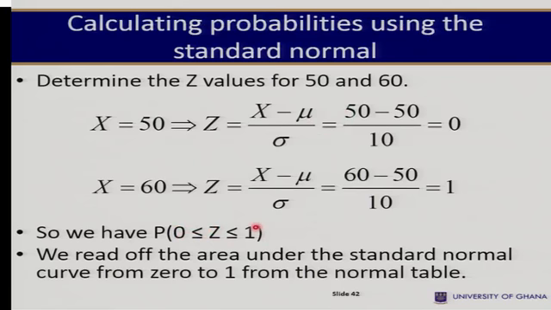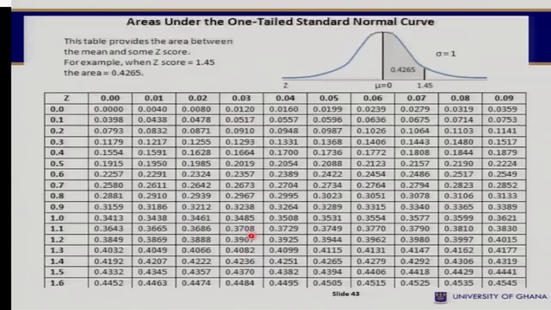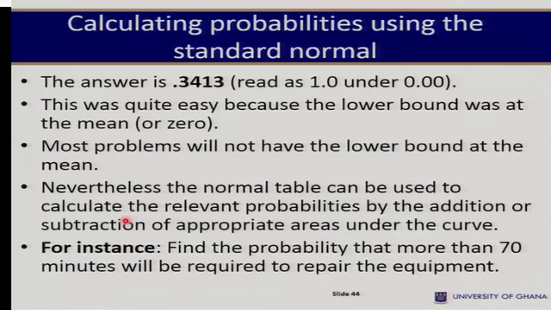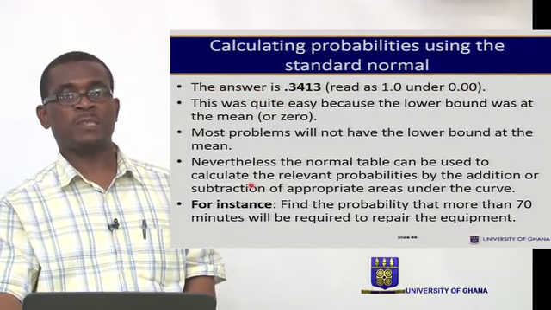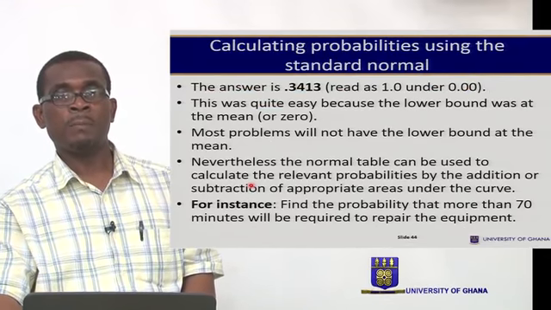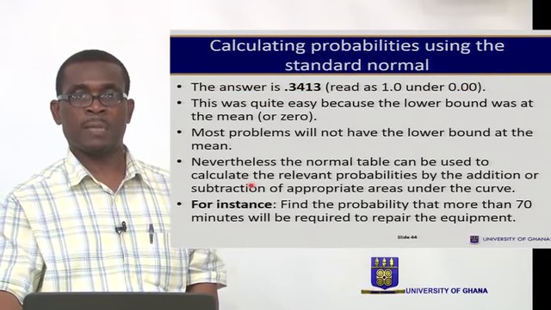So all you need to do is to read for the upper bound of 1. 1 is the same as 1.000, right? So you just come here and read 1.0 and 00. That's the intersection here. What do you see there? It is 0.3413. So the probability that the equipment repair time is between 50 and 60 minutes is 0.3413. It's as simple as that.